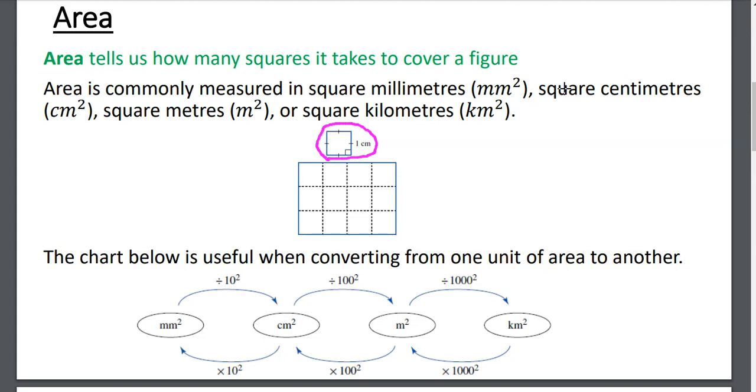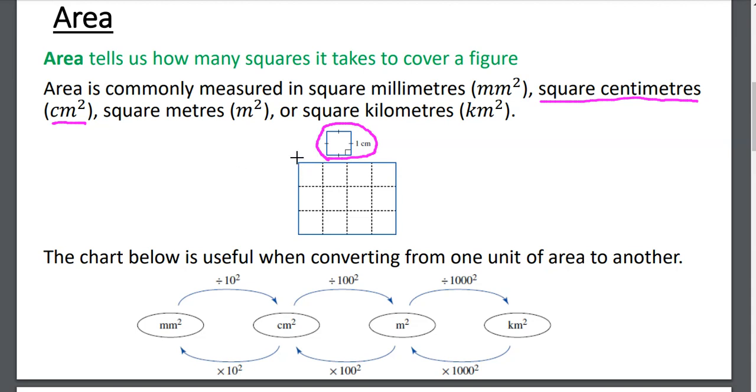And we call that a square centimeter, or a centimeter squared, or the way that we're going to be writing it usually is like this, centimeters squared. Literally means a square where every side length is 1 centimeter. And then of course you have meters squared where every side length is 1 meter, and kilometers squared, and millimeters squared, okay?